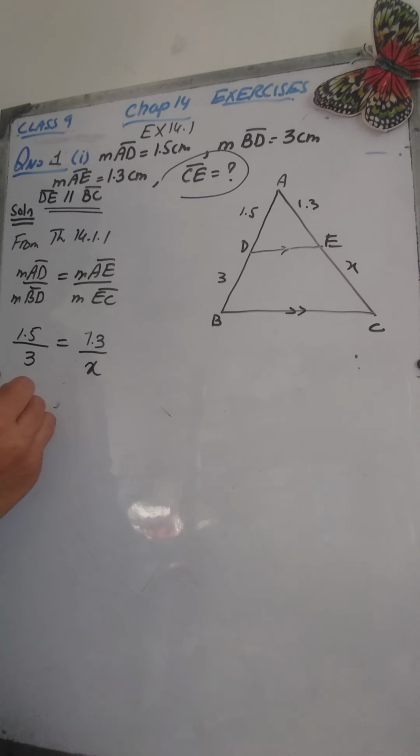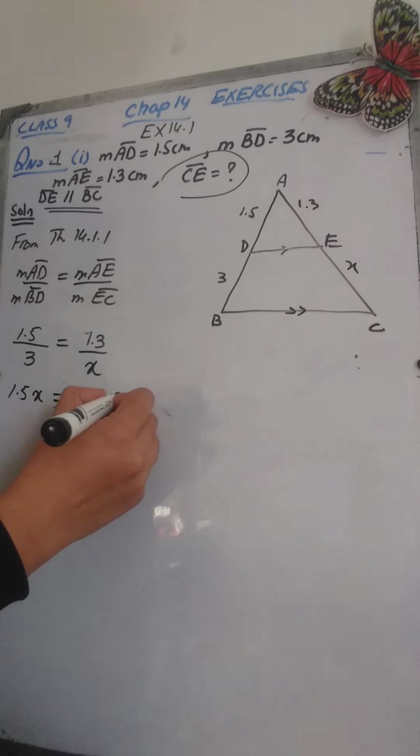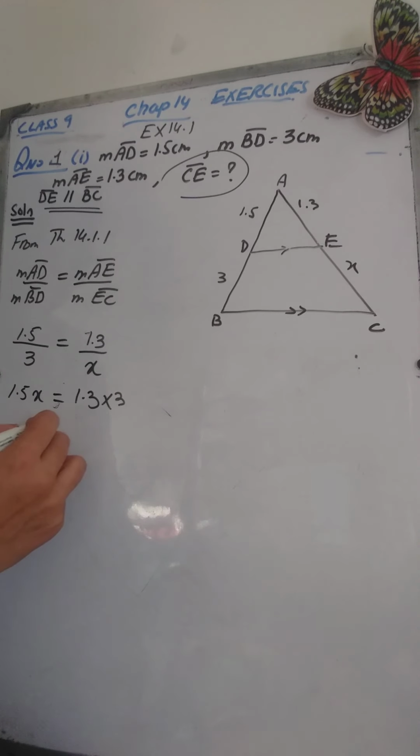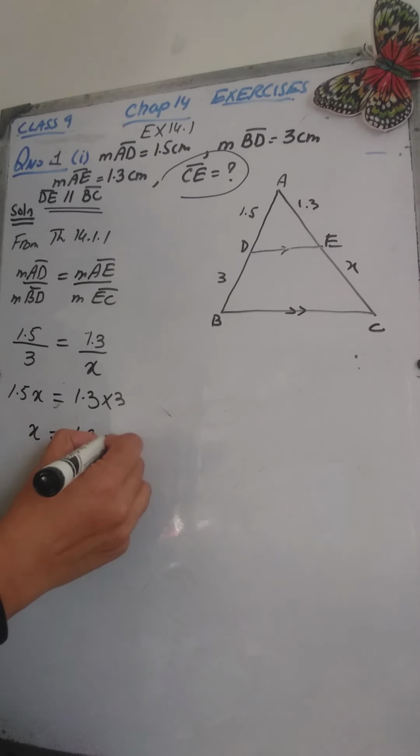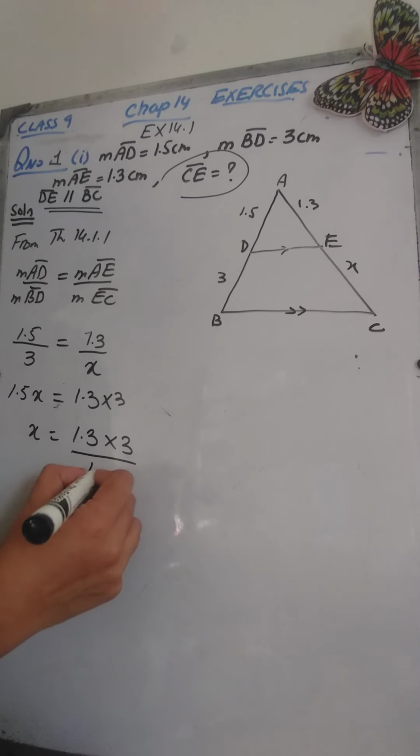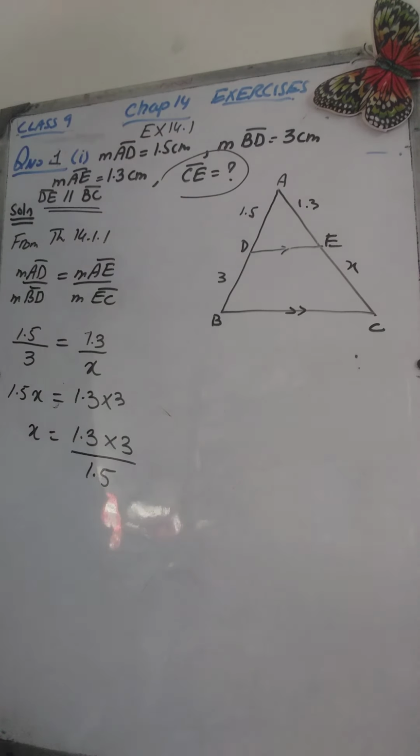Doing the cross multiplication, 1.5x will be equal to 1.3 into 3, and x will be equal to 1.3 into 3 over 1.5, and by using calculators you can calculate this.